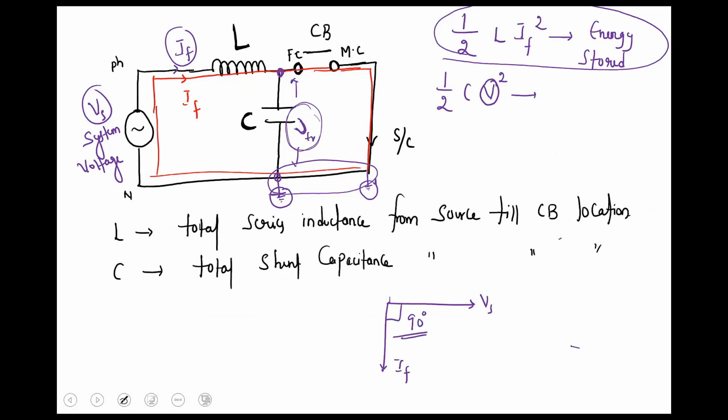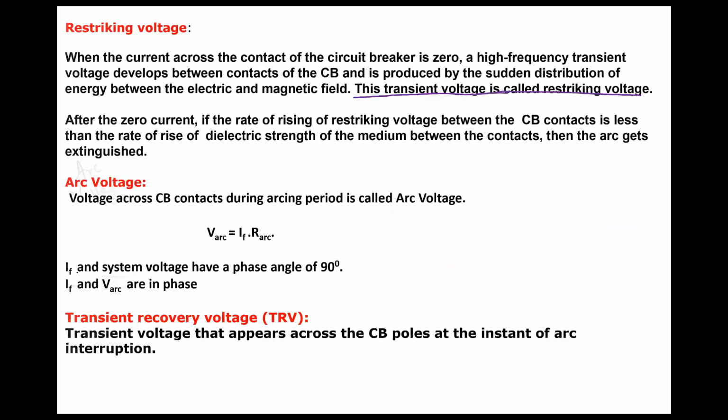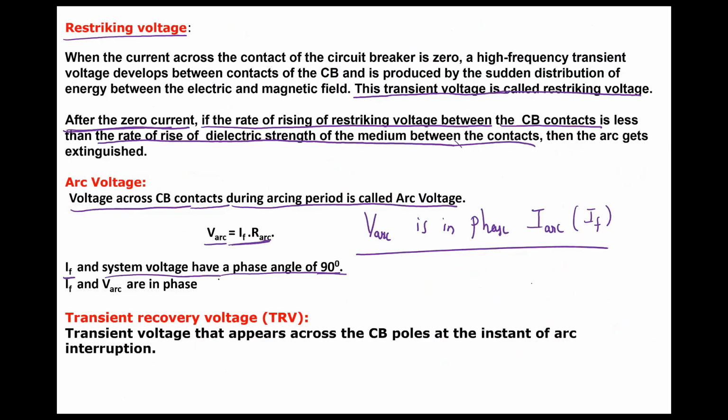That is the point. That is how we have shown it diagrammatically. So system voltage and fault current have a phase angle of 90 degrees, whereas fault current and arc voltage are in phase. Okay.